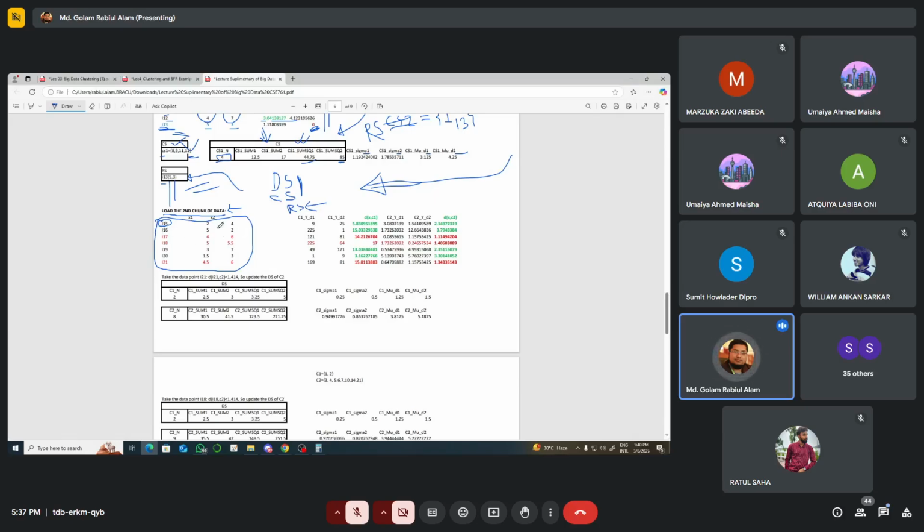Then we have to calculate the Mahalanobis distance from I15, and you will find this value. Mahalanobis distance from I15 to our cluster 2. So this will be the distance here. Similarly from I16, I17, I18, I19, I20, I21.